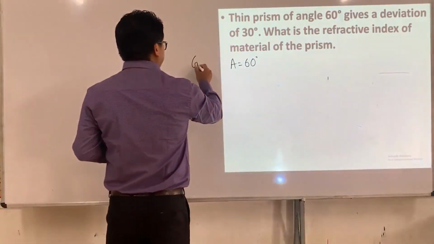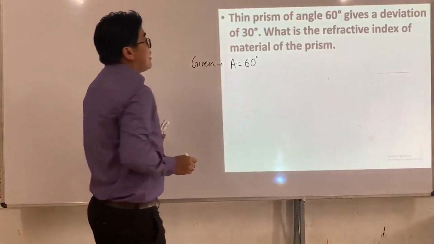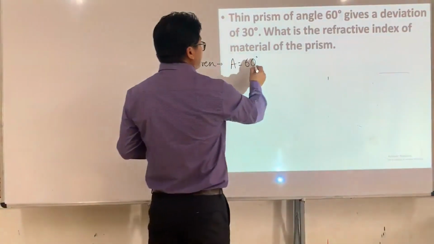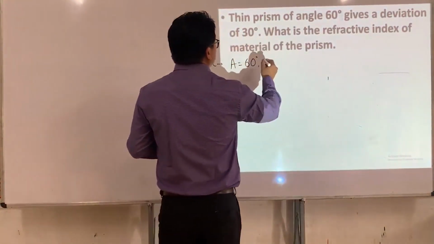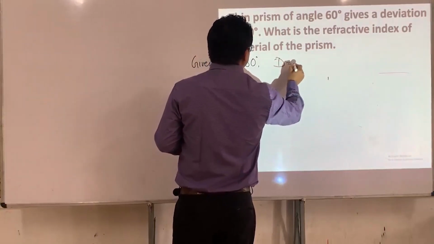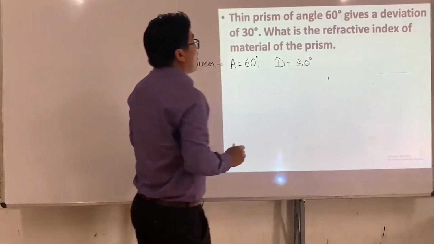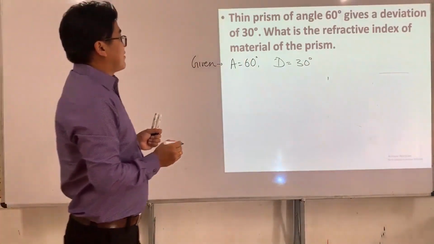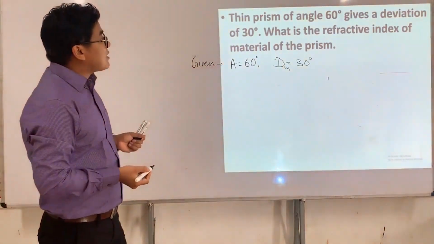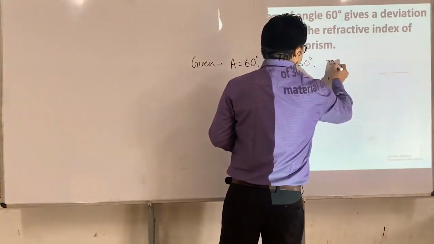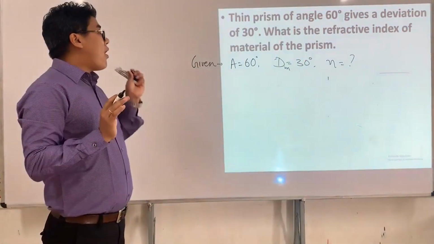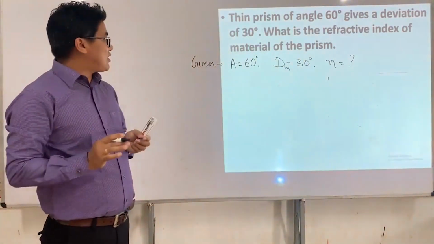Given, the minimum deviation, let's say 30 degrees. What is the refractive index of the material? That's the minimum deviation is 30, and what is the refractive index? This is to find.